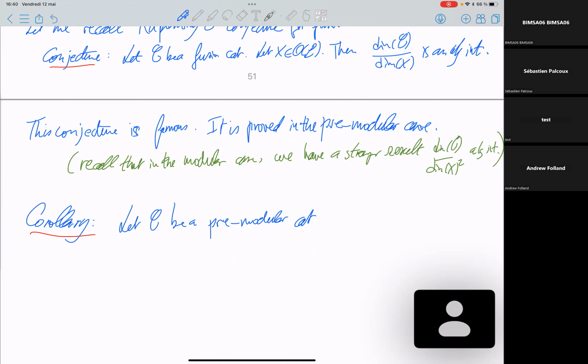The premodular category is a right bond fusion category. So a right bond fusion category, as written in the book, is a premodular fusion category. Premodular is in fact assumed to be a fusion category.